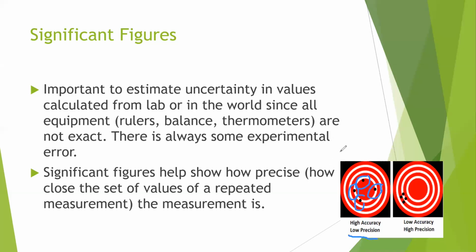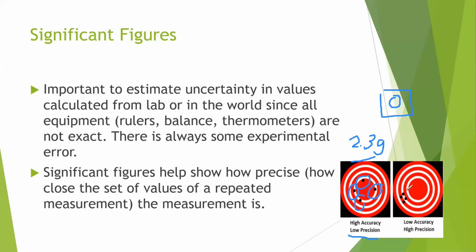If this was a measurement, like if you're measuring an object on a scale, and the values are so spread out, then we could probably only measure it to 1 decimal place, 2.3 grams, because it's not precise enough. We can't tell because there's experimental error.